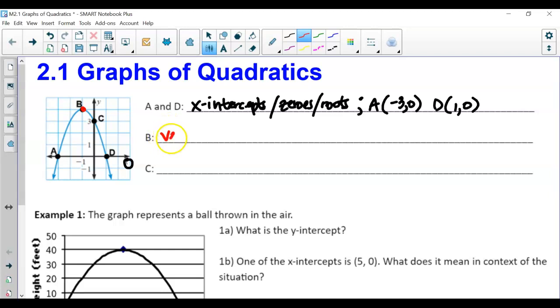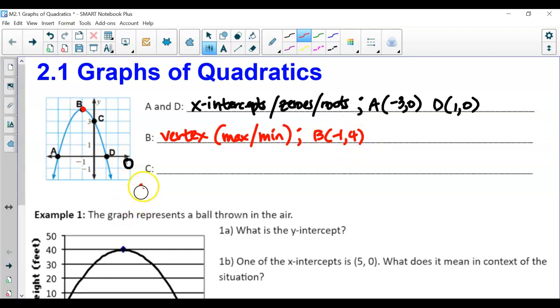So this is our vertex. And the vertex can either be, like this example, a maximum, or it could loop down and be a minimum point. And so in this case, our maximum, our vertex, point B, is at -1, 4.